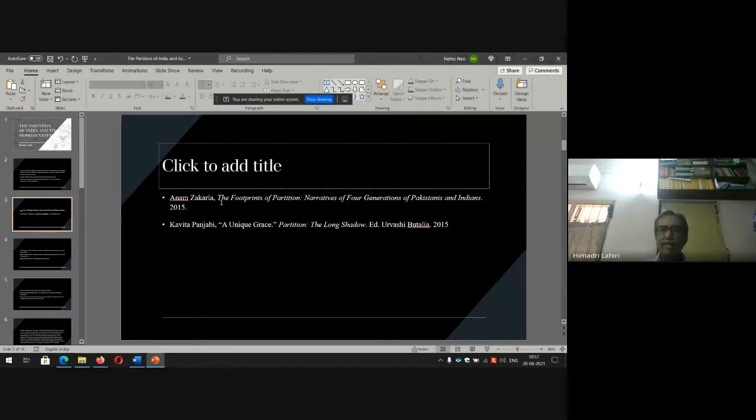Here Anam Zakaria, in this book and in later books that she wrote, is heavily dependent on the interviews that she conducted, interviews with people located in India, Pakistan and Bangladesh, and found that people's attitude to partition and to other communities are totally different from the attitudes portrayed in mainstream historians, as well as in the attitudes of the governments.